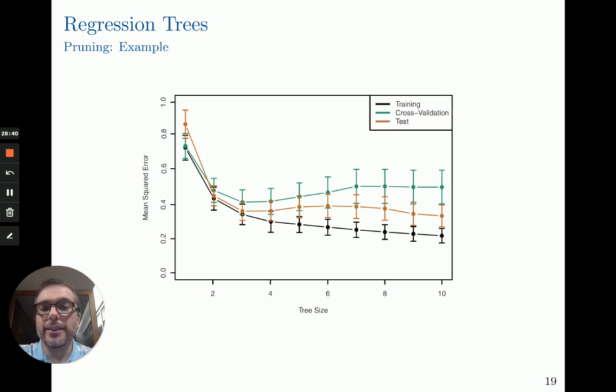And we can look at, for this example, how the mean squared error on the y-axis varies with the tree size on the x-axis. So the black lines are the training set, the brown line is for the test set, and the green line is for the cross-validation.